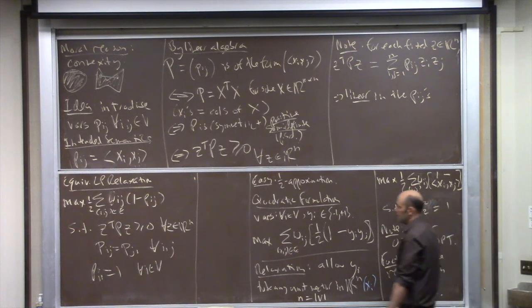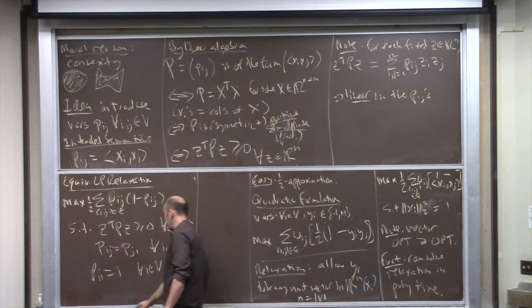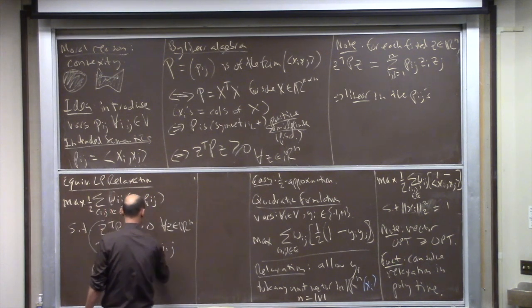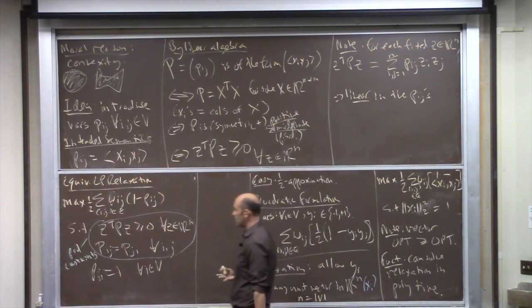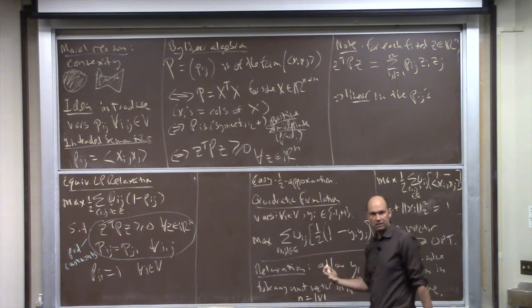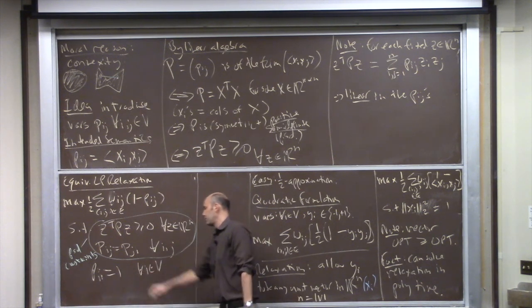These PSD constraints will all be satisfied. If you define the Pij's as dot products of vectors, those are just going to hold. That's just what PSD means. And because you have unit vectors, you're going to get this as well.